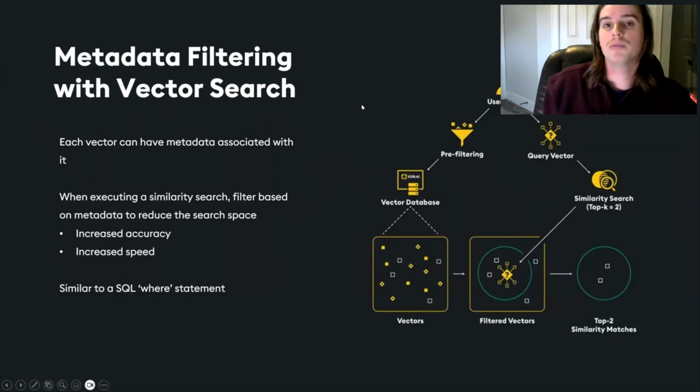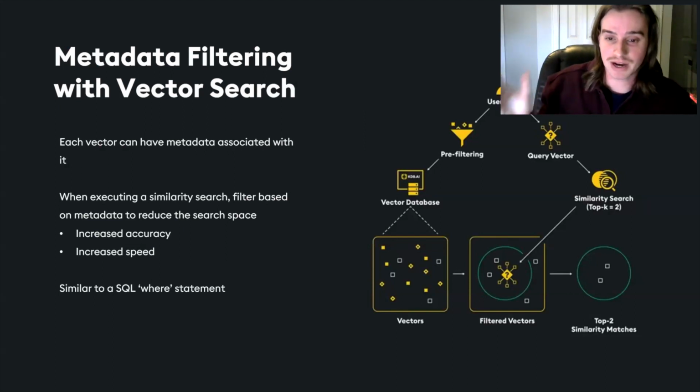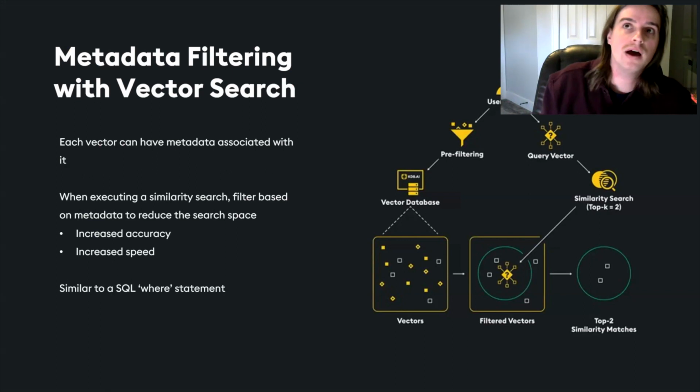Okay, so that was an explanation of vector databases and how they work. But how can we improve how that vector search happens and improve the speed even further than it already is?